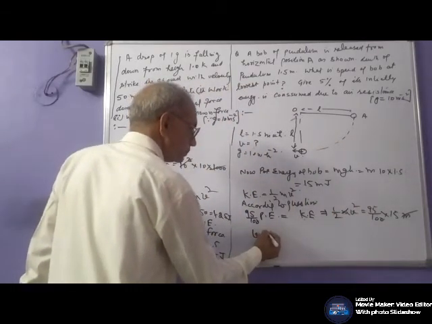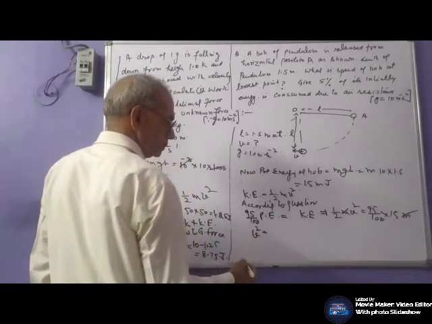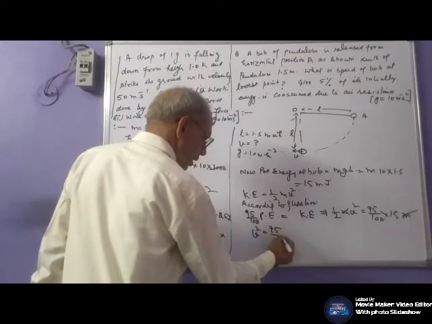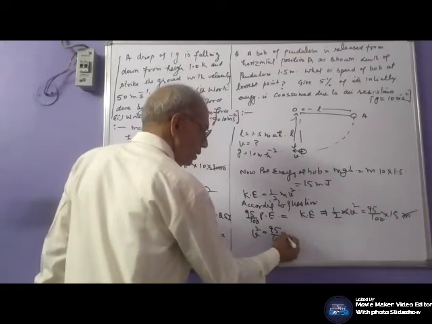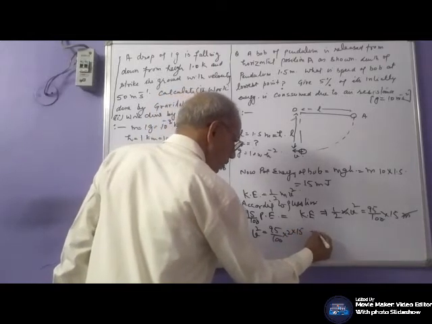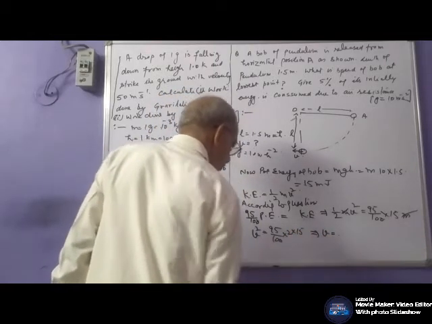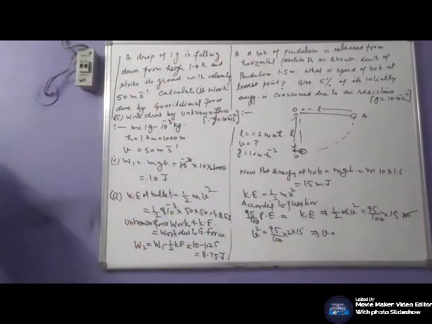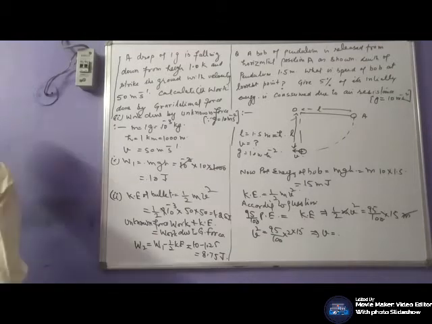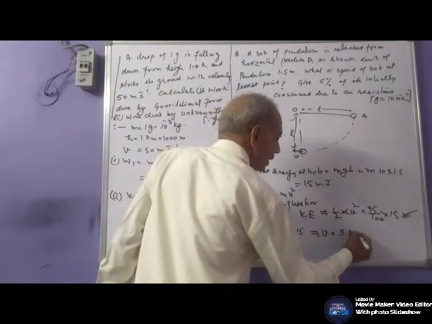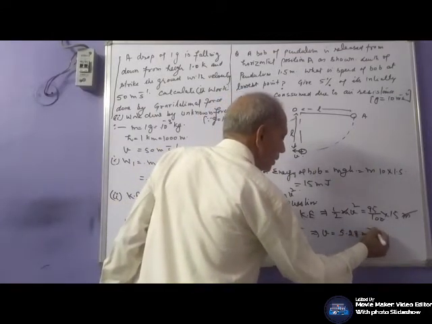So v square is 95 by 100 into 2 into 15, and calculate v under the root. It comes out to be 5.28 meter per second.